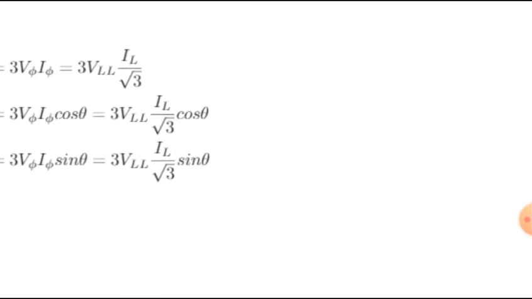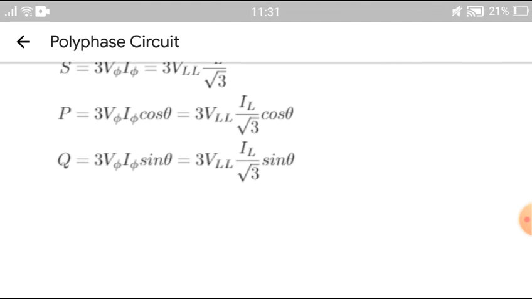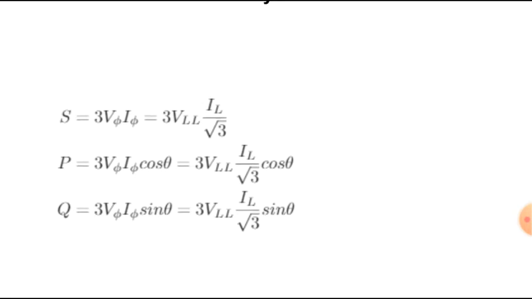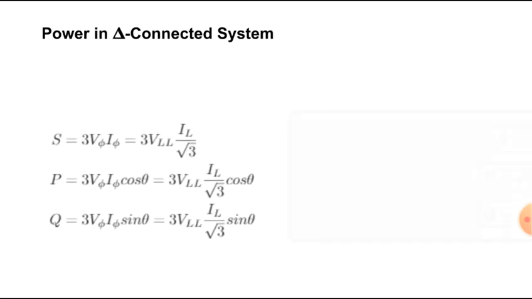How about the power in a delta connected system? It's still S equals 3 V phi times I phi. That's the general formula regardless of the connection. Now, the phase voltage is the same as the line voltage. The only difference is the phase current, which is the line current IL divided by the square root of 3. And what will be the end result?